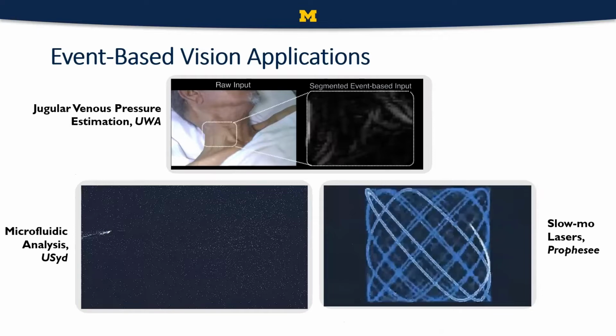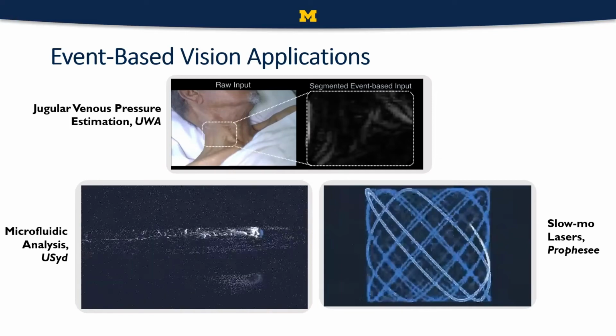Turns out that senior cardiologists can just eyeball someone's neck, and if there's sufficient distension of your pulse, it indicates that there's massive fluid buildup, and so high risk of heart failure. So using these very sensitive event-based cameras, we're actually able to see this mishmash of neck movement.